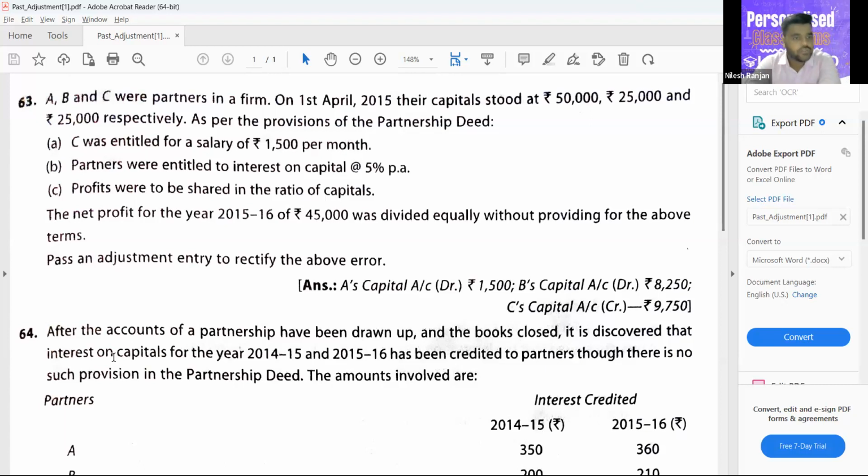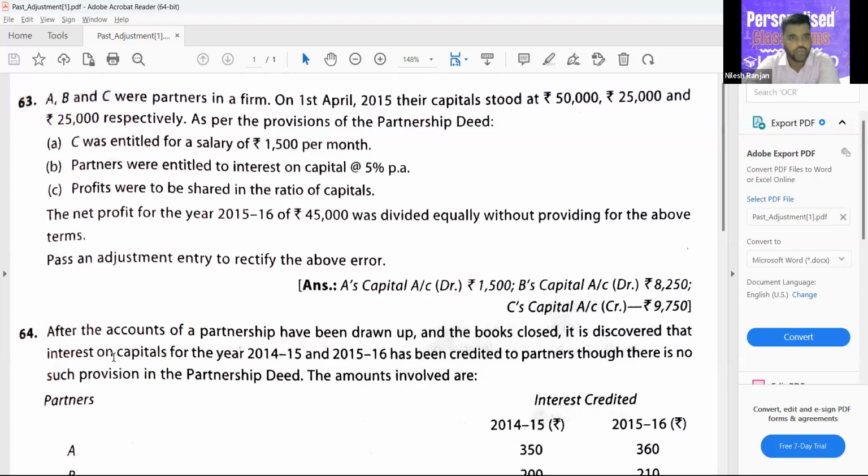Okay. So these three items are omitted, and we have divided the profit without considering any of these provisions. The profit sharing ratio is in the ratio of capital, that is 2:1:1, 50,000, 25,000, and 25,000.